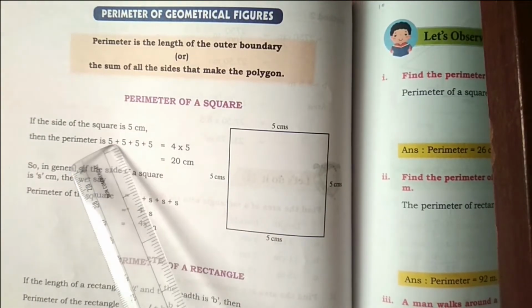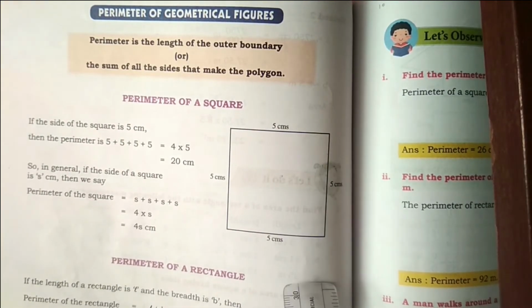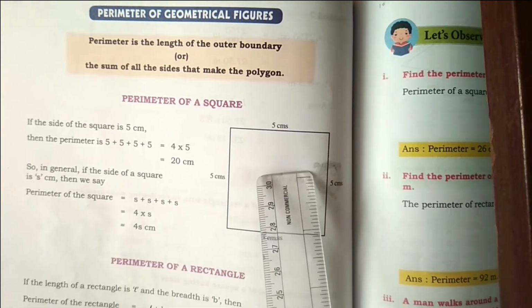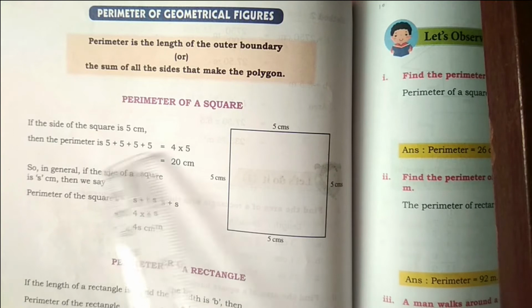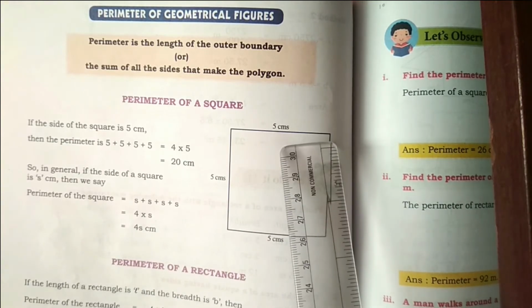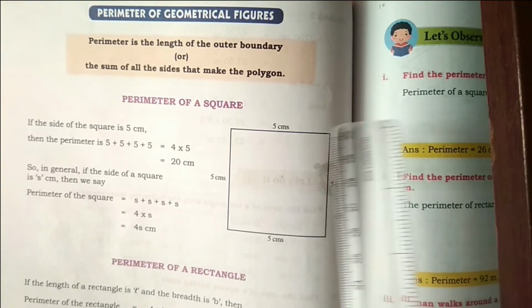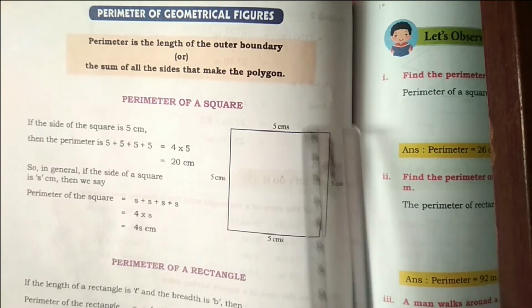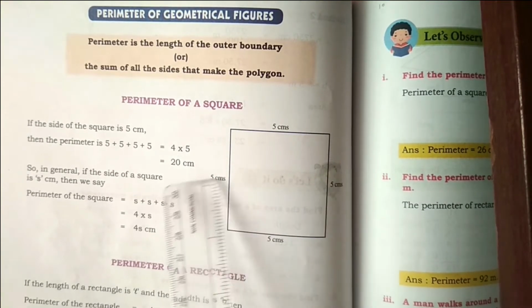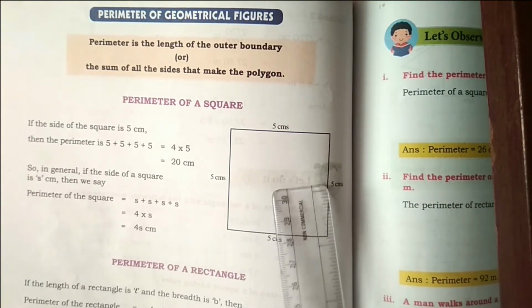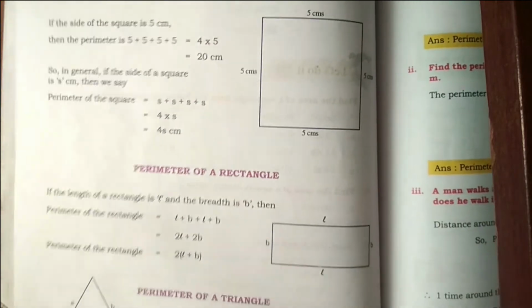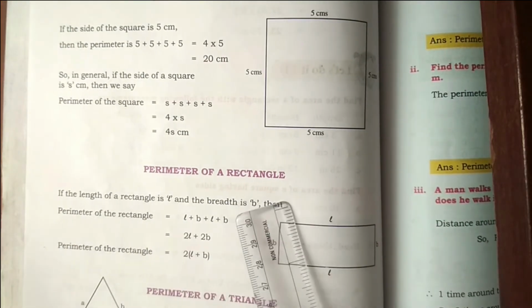If the side of the square is 5 centimeters, square means all the 4 sides are equal, then perimeter is 5 plus 5 plus 5 plus 5. That is equal to 4 into 5. How much is it? 20 centimeters. Right?